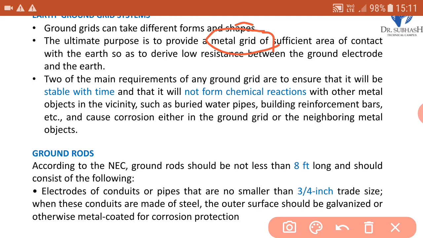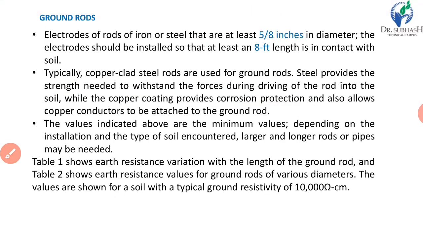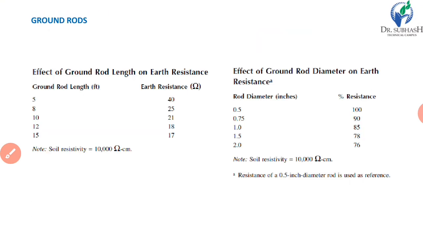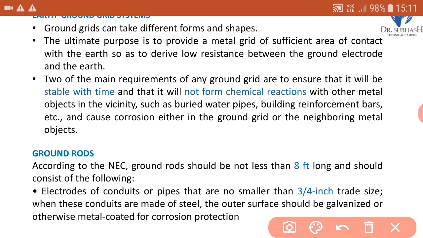Two of the main requirements of any ground grid are to ensure that it will be stable with time and it will not form chemical reactions with other metal objects in the vicinity, such as buried water pipes, building reinforcement bars, etc., and cause corrosion either in the ground grid or the neighboring metal objects. So these are the requirements.